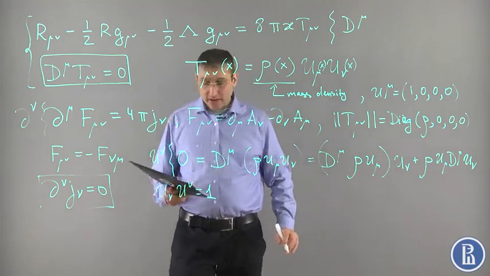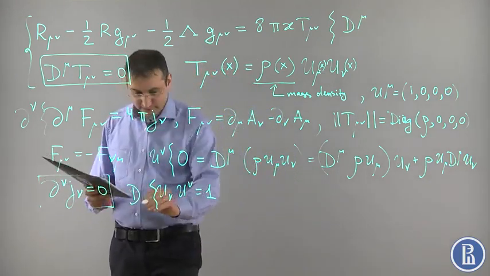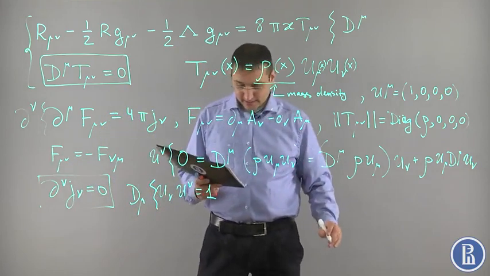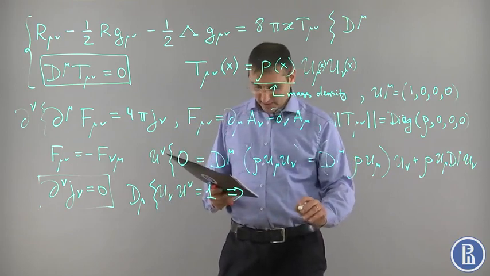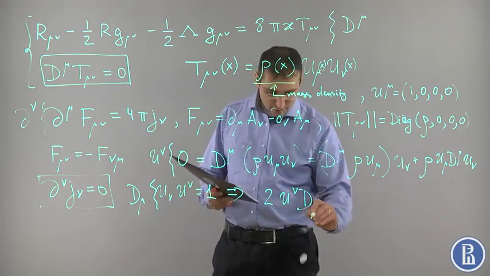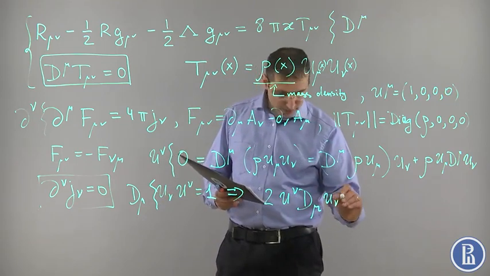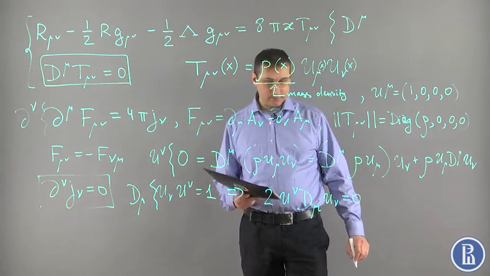And if one applies to both sides of this equation the covariant derivative, d mu, one obtains the following equation. As a consequence of this identity, we have that 2 u nu d mu u nu is equal to 0.